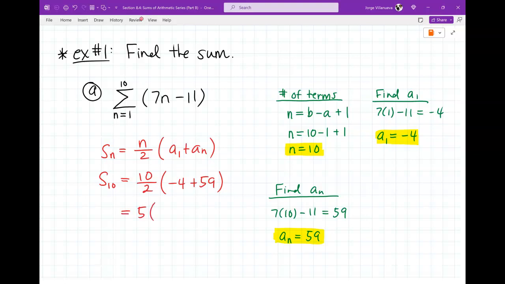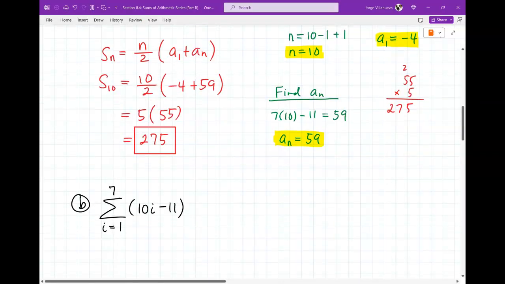And negative 4 plus 59, that's 55. Okay? So multiply 55 times 5. What is it? I'll put it over here on the side. So that's going to be 25, that's 27. So 275. And we're done.